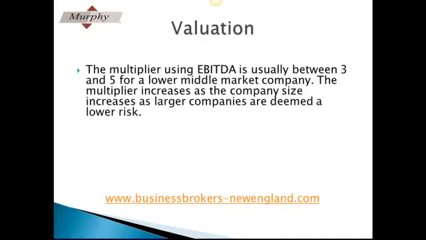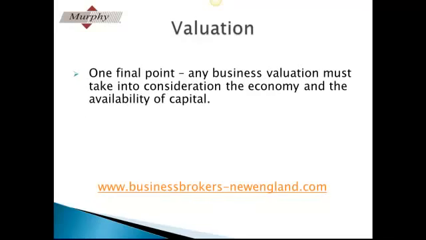The multiplier using EBITDA is usually between 3 and 5 for a lower middle market company. The multiplier increases as the company size increases, as larger companies are deemed a lower risk. One final point. Any business valuation must take into consideration the economy and the availability of capital.